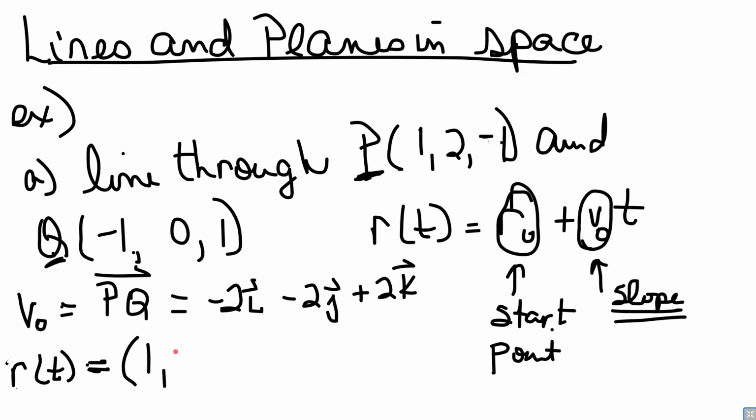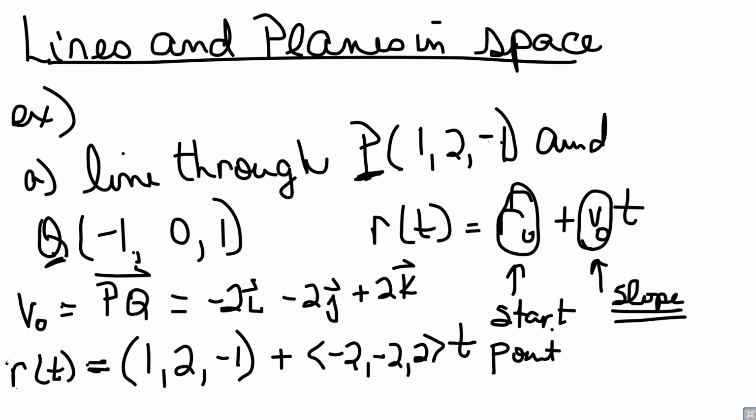So we're going to have 1, 2, -1, and then we're going to add the vector V sub 0 that we just created, which was -2, -2, and 2, and multiply that by t. So what we're going to do is pull this apart. Is everyone okay so far?